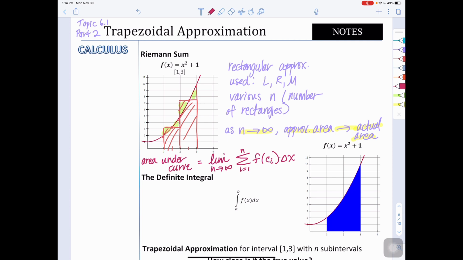Now, what you might want to know is about c sub i. Well, c sub i depends on if you're using lefts, rights, or mids. Okay?